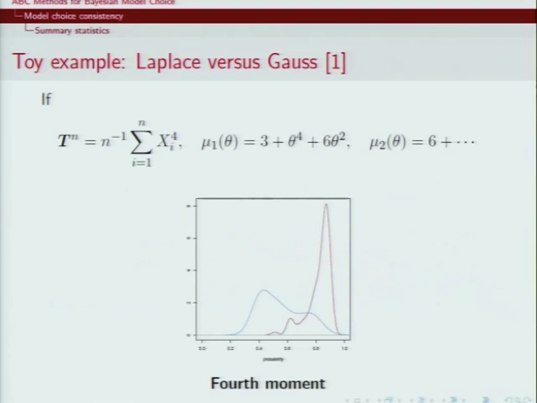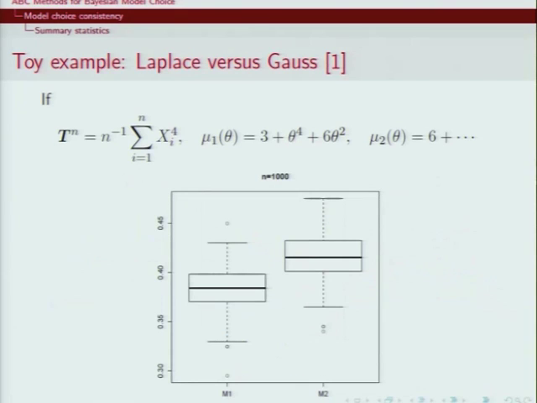And in that case, we get this kind of behavior, or in terms of variability, we get that thing. So even though the fourth moment is different for, say, the true theta for mu1 and mu2, because the ranges may cover the true value of mu naught, we end up with this lack of efficiency of the Bayes factor in that case. Using only the fourth moment, we cannot pick the right model.